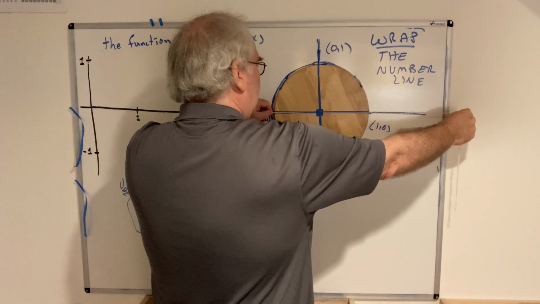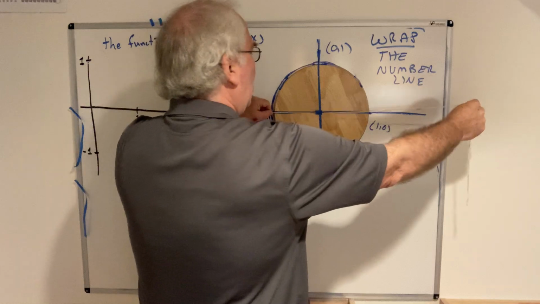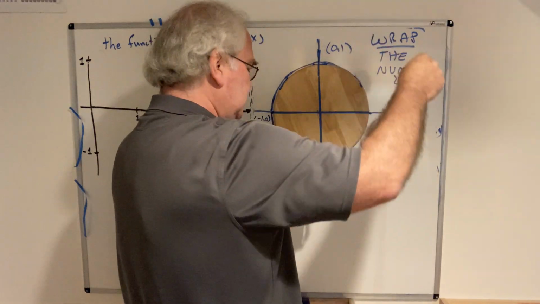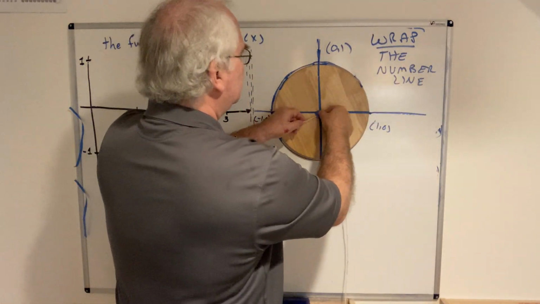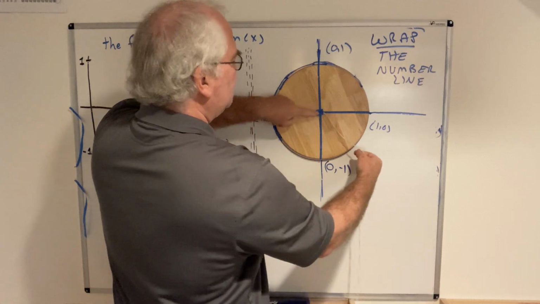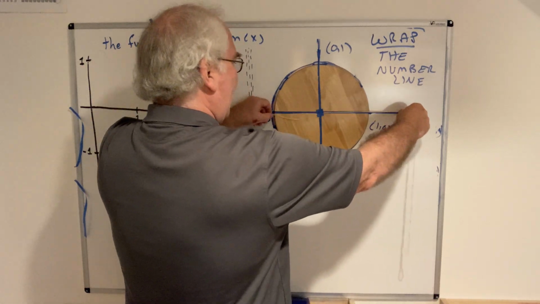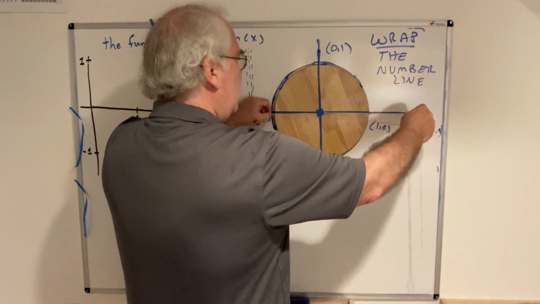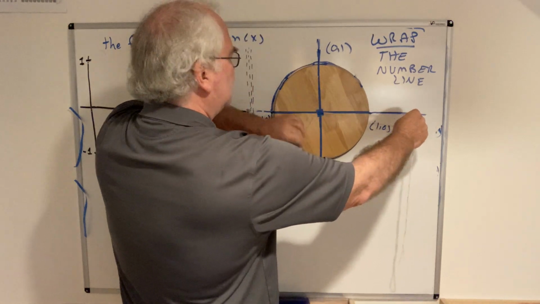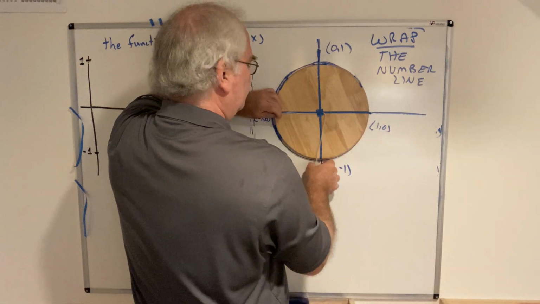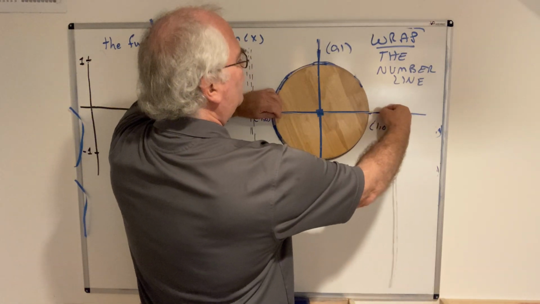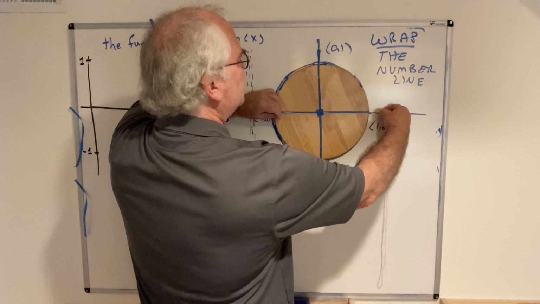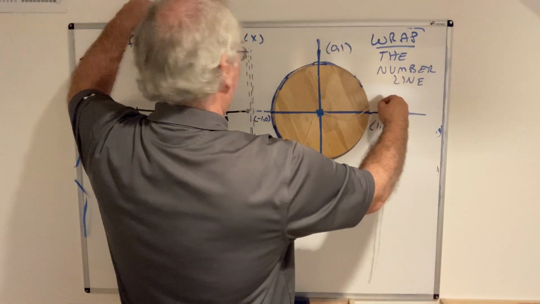This piece of string would now correspond to the x-axis. Every point that's on the x-axis corresponds to a point on the string. And so let's suppose I choose at random a value here on the axis. So there's my value on the x-axis right here. I'm going to mark that.